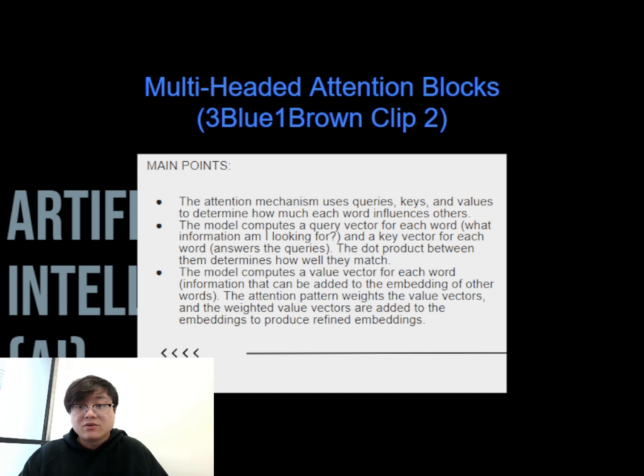This mechanism is crucial for tasks like language modeling, where understanding context and relationships between words is essential for predicting subsequent words accurately. Understanding these concepts enhances our grasp of how language models process and generate human-like text, contributing to advances in natural language understanding and generation.